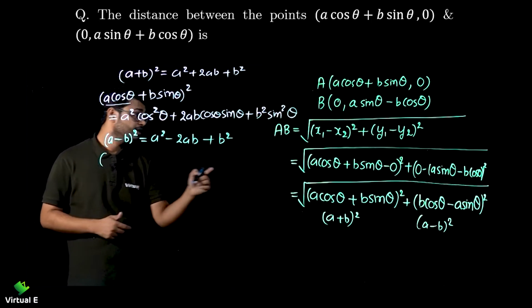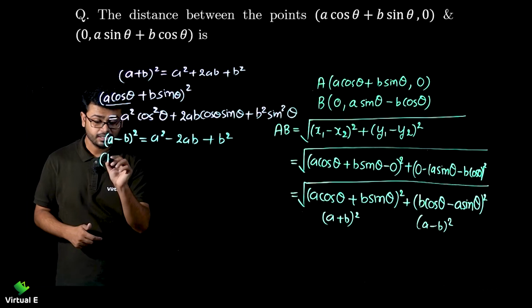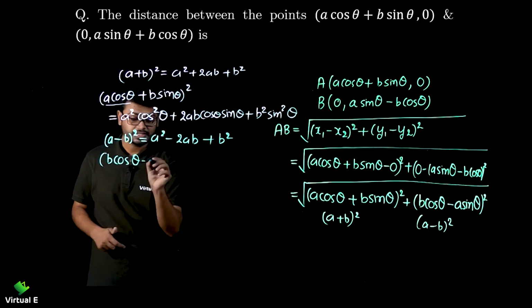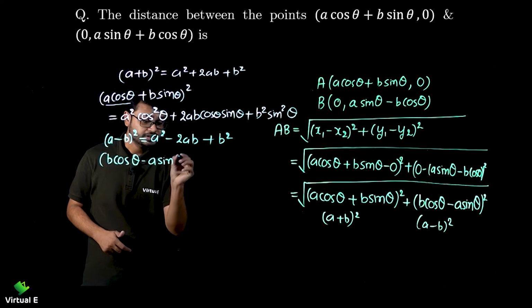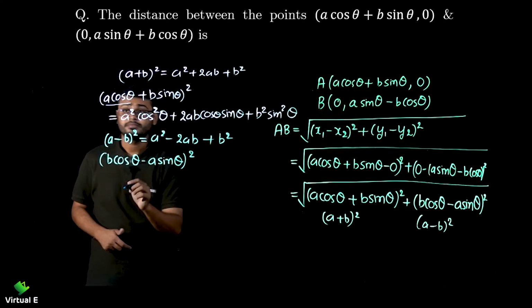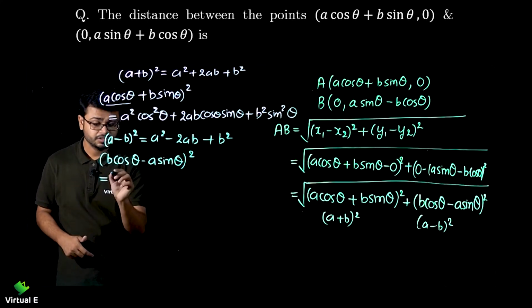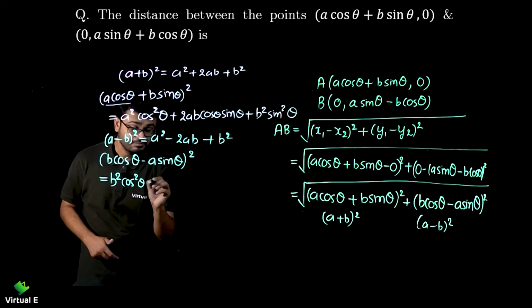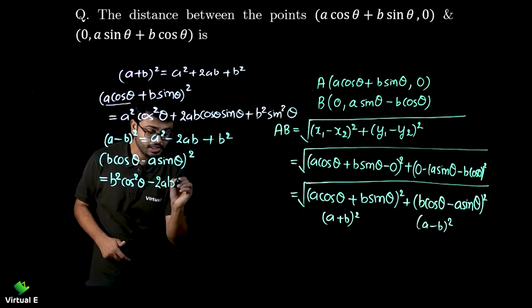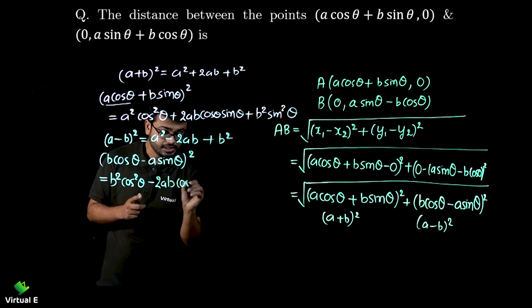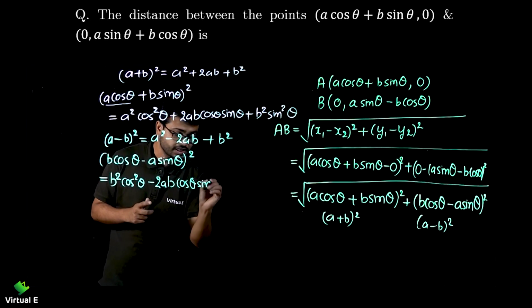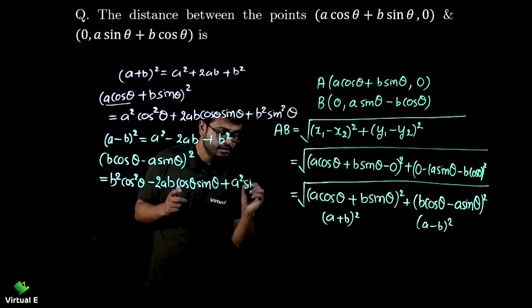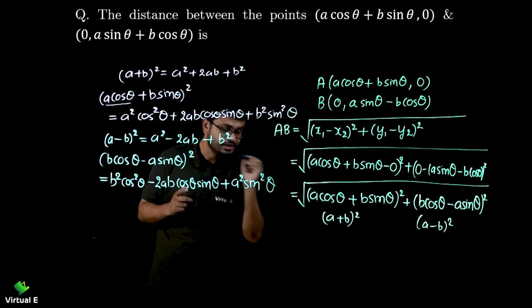So (b cos theta minus a sin theta) whole square is b square cos square theta minus 2ab cos theta sin theta plus a square sin square theta.